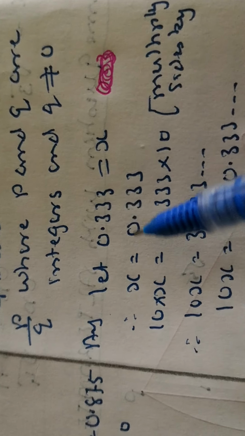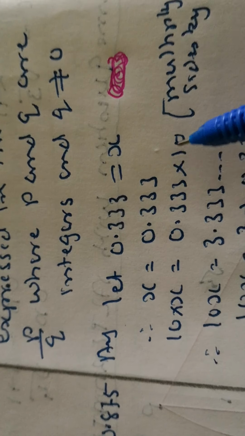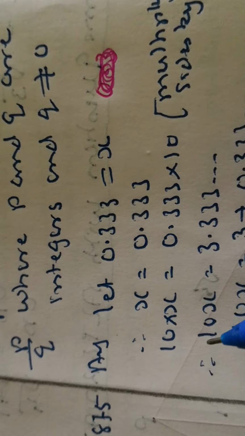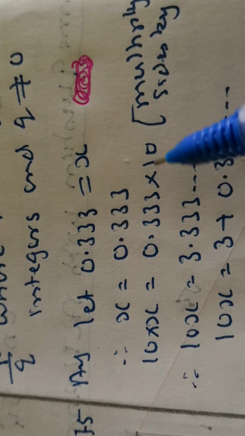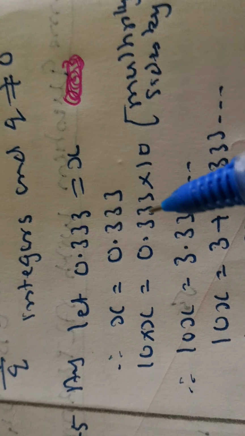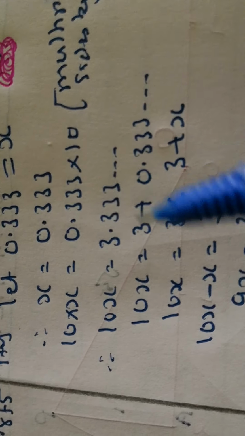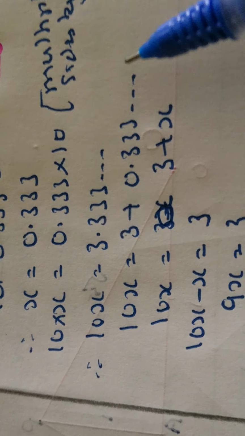I am explaining this sum again. First of all, we have assumed x is equal to 0.333. Multiplying both the sides by 10, we are going to get 10x. 0.333 multiplied by 10, you are going to shift your decimal point to the right hand side. So it becomes 3.333. So 10x is equal to 3 plus 0.333.